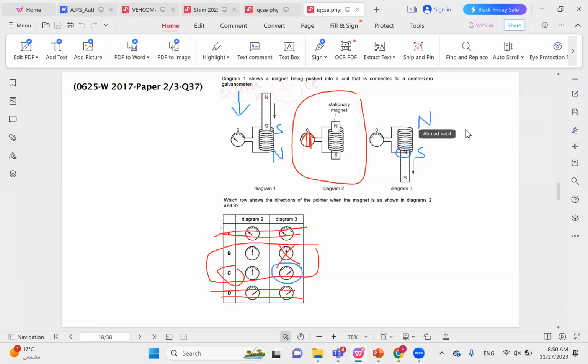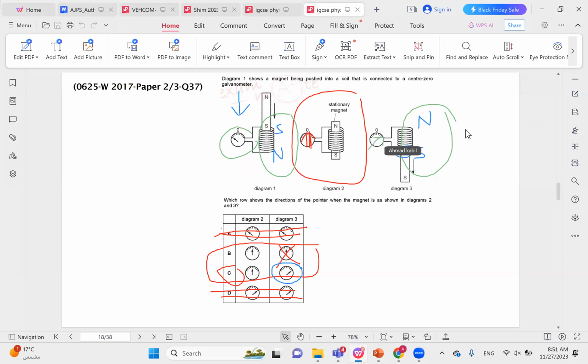So if you compare diagram 1 and diagram 3 in terms of the magnetic field generated, you have S on top and N at the bottom in diagram 1, and you have the opposite poles in diagram 3. So therefore, the arrow here will deflect to the left. Then that tells us that the arrow here must deflect to the right.